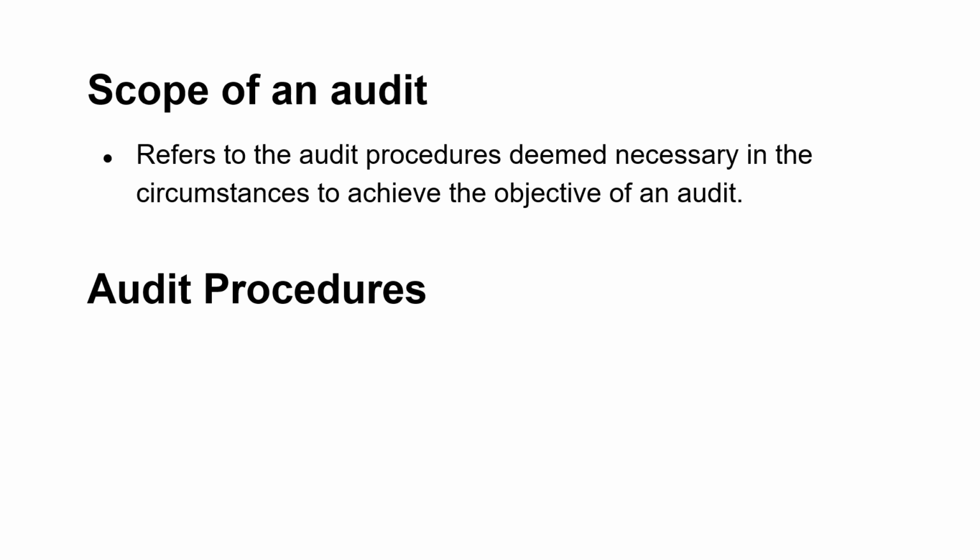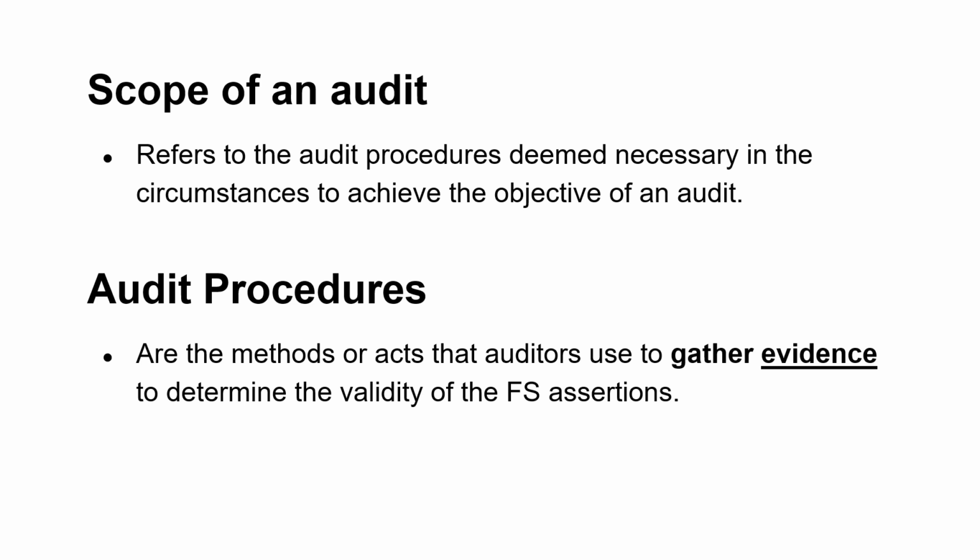Now, speaking of audit procedures, since scope of an audit refers to audit procedures, these are the methods or acts that the auditors use to gather evidence. So, the very purpose of audit procedures is for the auditor to gather evidence. And we gather evidence to determine the validity of the FS assertions. We go back to the storyteller and the story and evaluating the story.